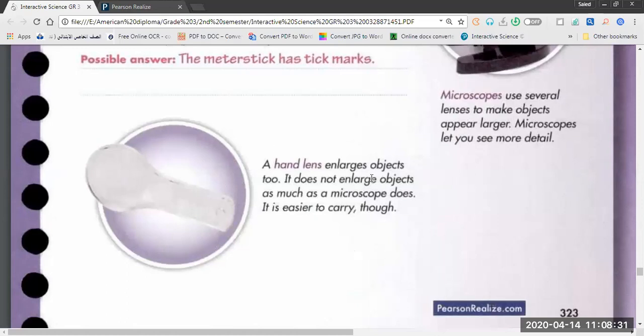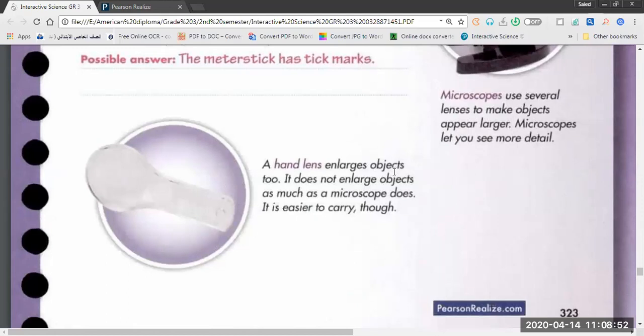So the hand lens enlarges objects too, like the microscope, but the microscope is used to observe or check more tiny objects, the very, very tiny objects. You cannot use the hand lens to check bacteria, for example.